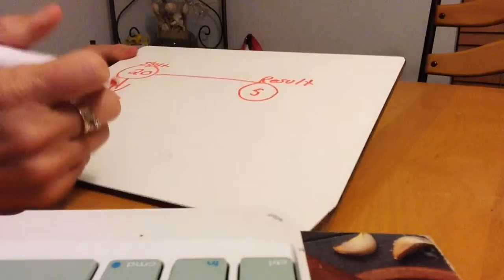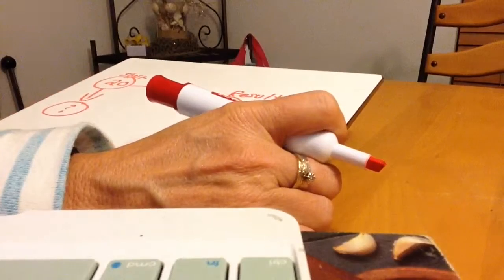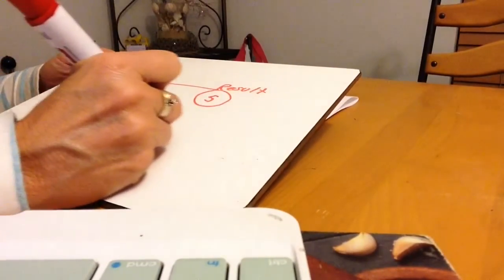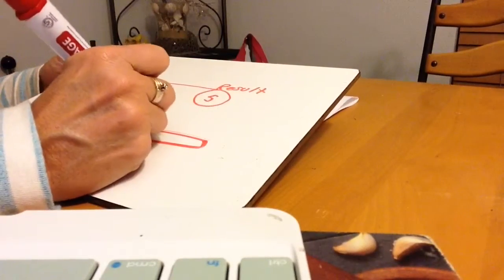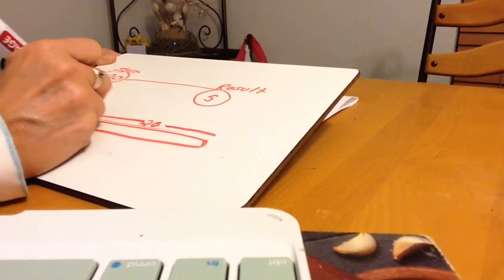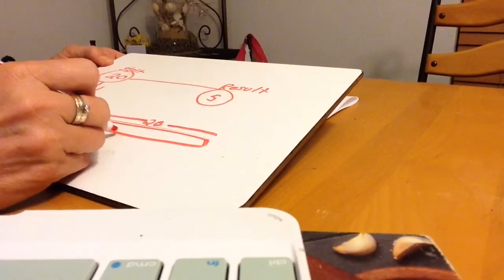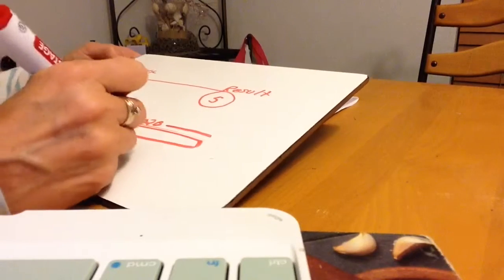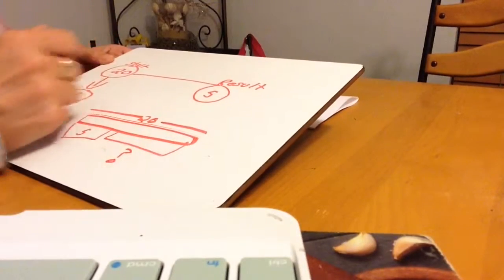So we're going to go ahead and make another number. So this is going to be our 20. Okay? And then we know we ended with 5. So how many did she give Miles?